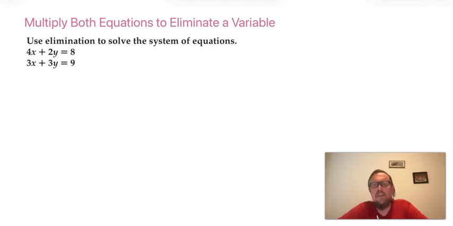Elimination is such a good method that we're willing to multiply both equations by a number in order to still be able to use elimination, just because elimination is that good of a method.